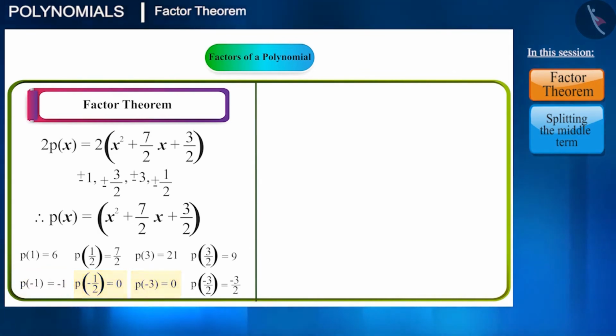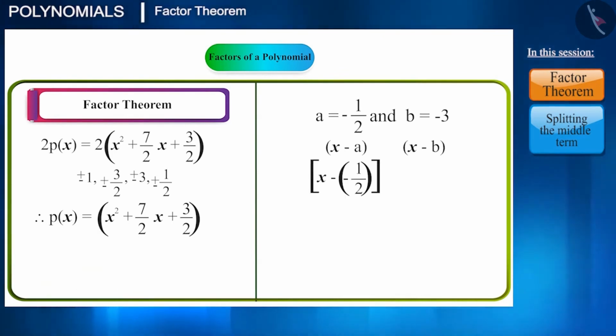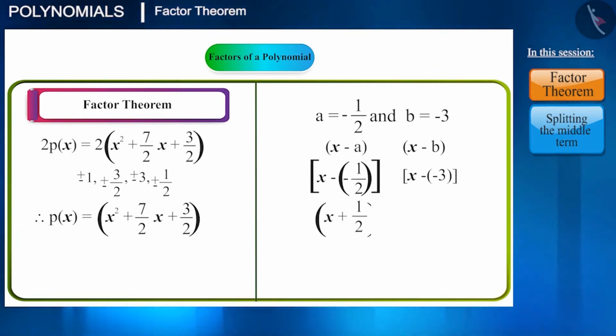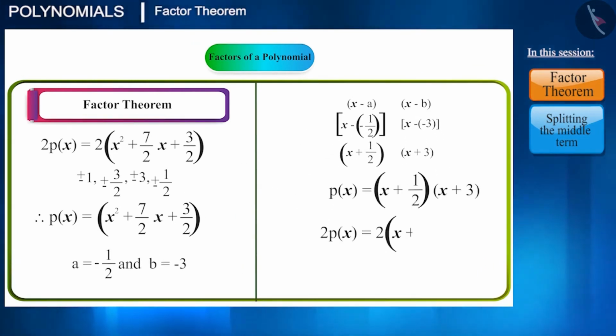We get the values of a and b. Now, we can write them in terms of factors of polynomials as x plus 1 by 2 and x plus 3. And finally, we get only 2 factors of this polynomial as it is a quadratic polynomial.